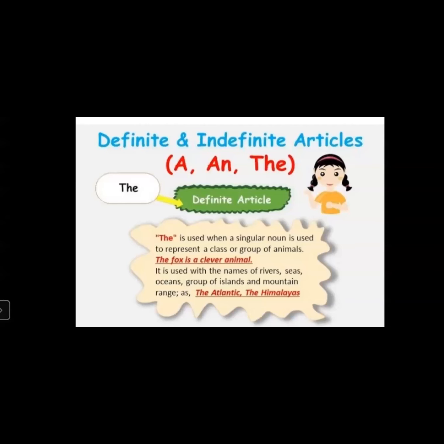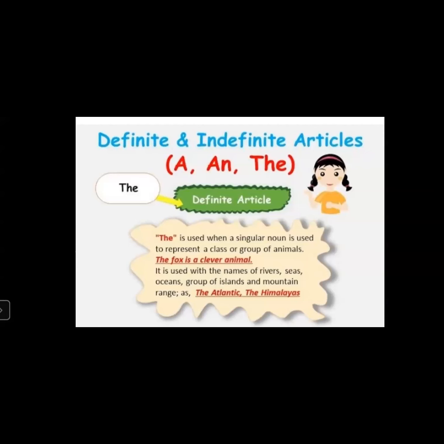So we have to use the for unique words. For example, Ganga. Ganga is a noun, but to represent it as a river, we are using the.